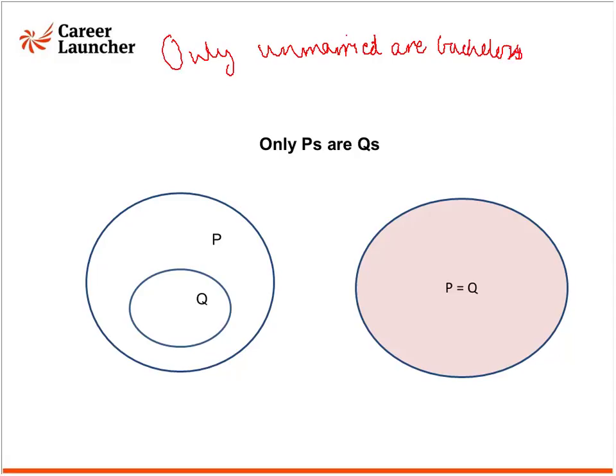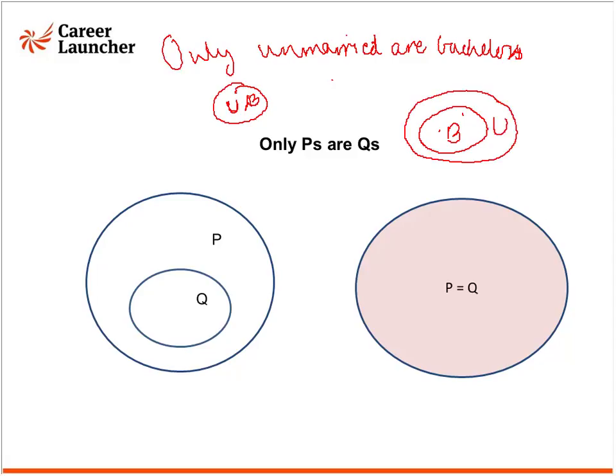So one can be these are unmarried who are bachelors, or again. So yeah, not very difficult but slightly tricky.